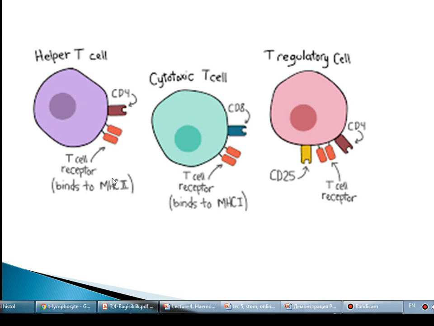MHC second molecules are present on the antigen presenting cells, and they will bind to T cell receptors with CD4 molecules, T helper cells. So we have helper T cells with CD4, cytotoxic T cells with CD8, and we have T regulatory cells, which have CD4, the T cell receptor, and also CD25 molecules.